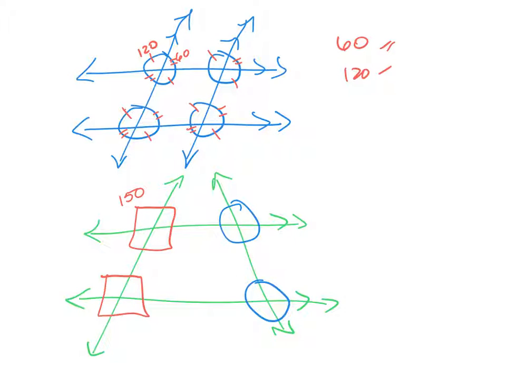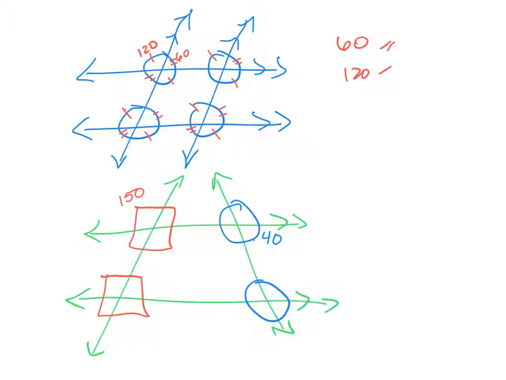I have to know one of the blue angles in order to solve that one over there. So let's say the blue angle is 40 right there. On the 150, what is its other angle? What are the small angles going to be?